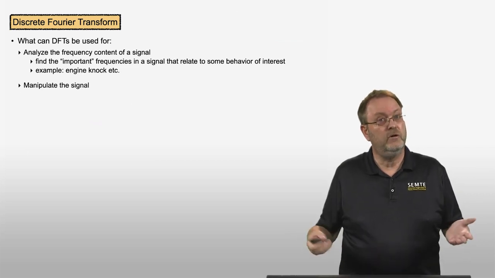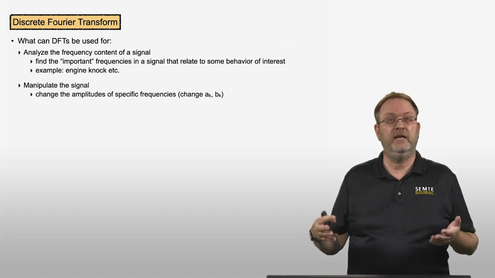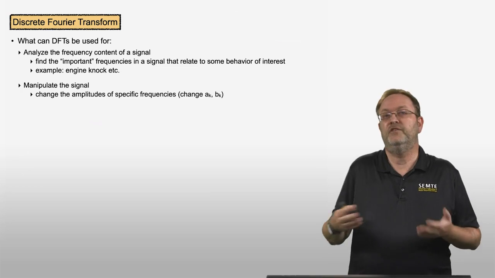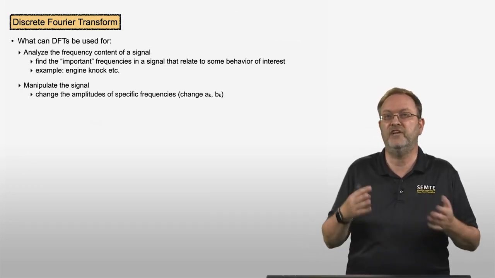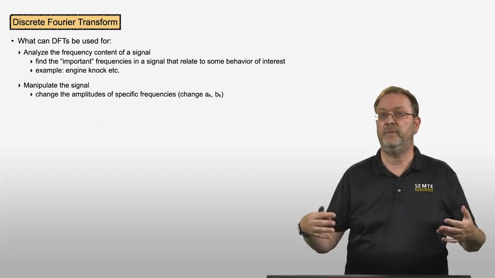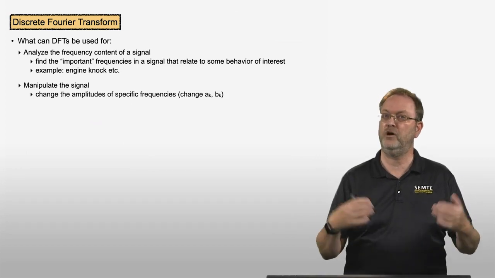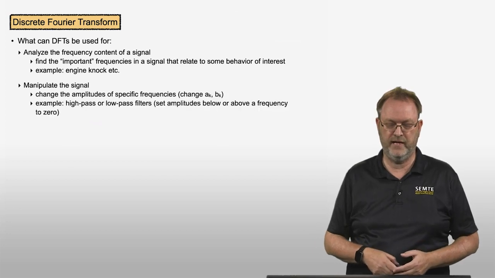We can also manipulate the signal. Once we've done the DFT and we have the individual amplitudes, we can change the amplitudes of specific frequencies, the A k's or the B k's. We can make them stronger by multiplying them by a factor larger than 1, or we can make them smaller by dividing by a number larger than 1.